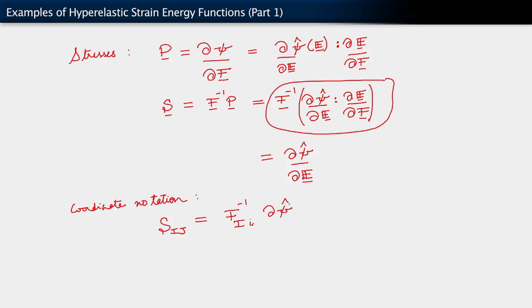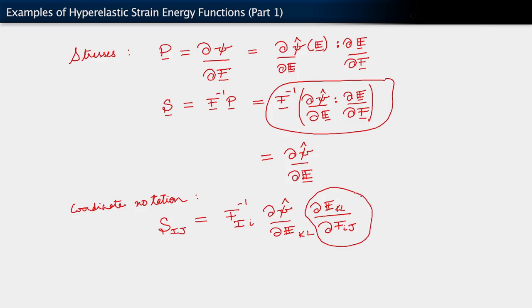Okay, I'm going to carry out this derivative with respect to E, and I'm going to introduce new indices there, KL. The contraction works out to be the derivative of E_KL with respect to F, which now has to have indices little i, capital J, okay, for everything to work out. And if you look at how the indices are being contracted, you will see that indeed on the right hand side we have free indices capital I, capital J. All right, now all of this is very clear, except it is this term that we need to work out.